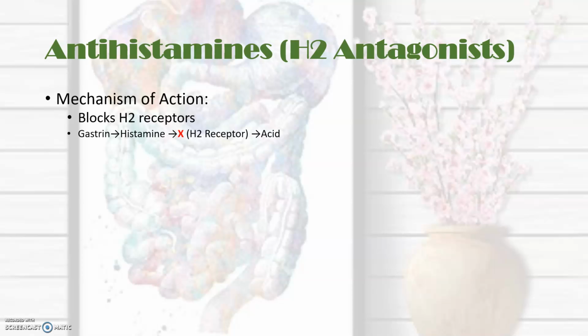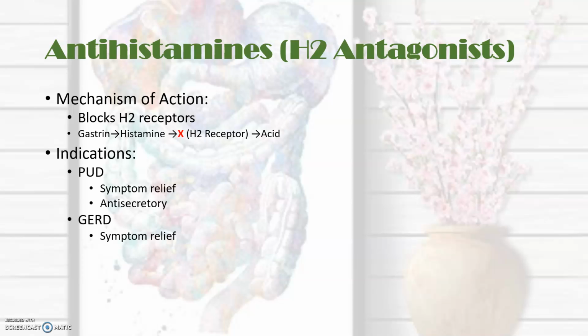The antihistamines block H2 receptors, and the action of gastrin via histamine to produce gastric acid. They are used for symptom relief and as an anti-secretory in peptic ulcer disease and for gastroesophageal reflux disease for symptom relief.